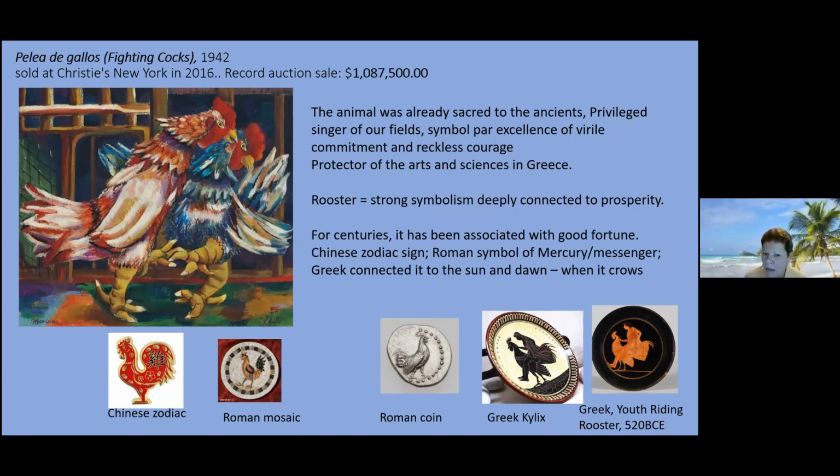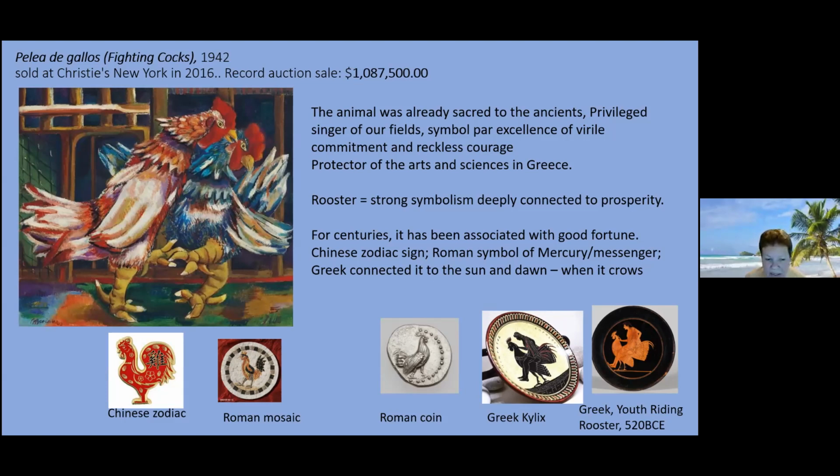It's found on coins. For centuries, it has been associated with good fortune, a Chinese zodiac sign, a Roman symbol of Mercury, the messenger. The Greeks connected it to the sun and the dawn. Remember, it crows when the sun comes up at dawn.